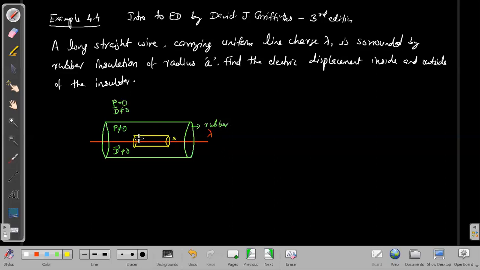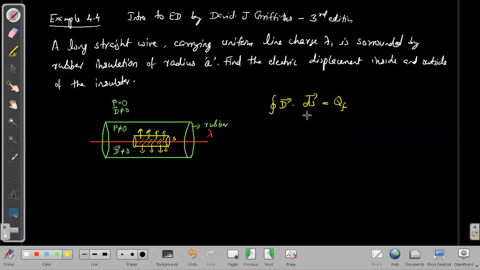Now this electric displacement would be radially outward. So if you look at Gauss's law for electric displacement, the integral of D dot dA equals the total free charge enclosed. The electric displacement has flux only through the curved region; there is no flux over the flat region.